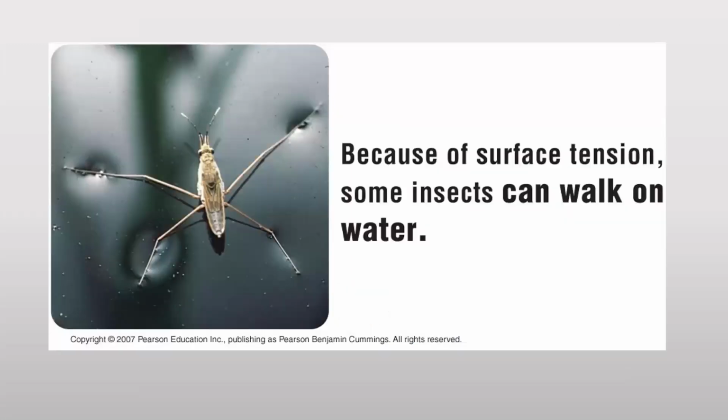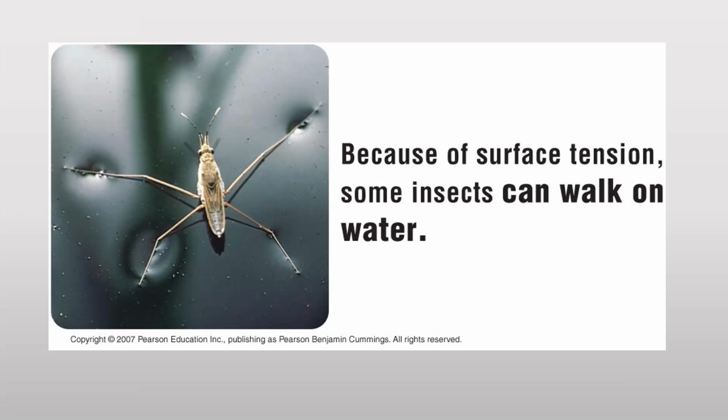And we talked about surface tension, right? Okay, so we know that water forms hydrogen bonds, right? The hydrogen of one water molecule is attracted to the oxygen of the next water molecule, and that's a hydrogen bond. And hydrogen bonds are weak bonds. They're easily made but easily broken.